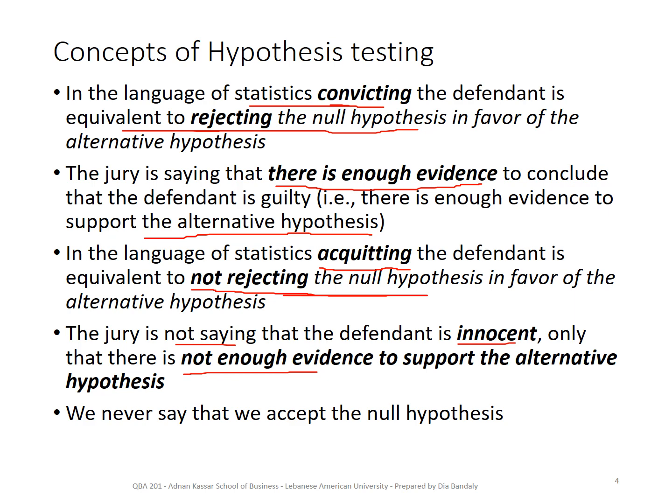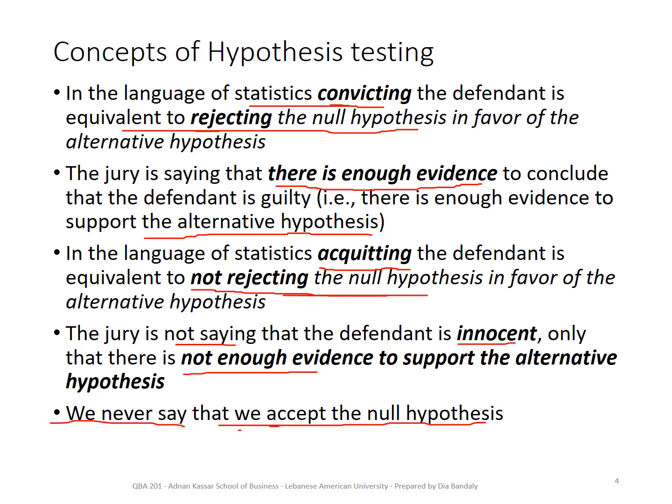And that's why this is very important: whenever we do research, we never say that we are accepting the null hypothesis. What we say is that we do not reject the null hypothesis. Why is that? Because we are not finding evidence about the null hypothesis.